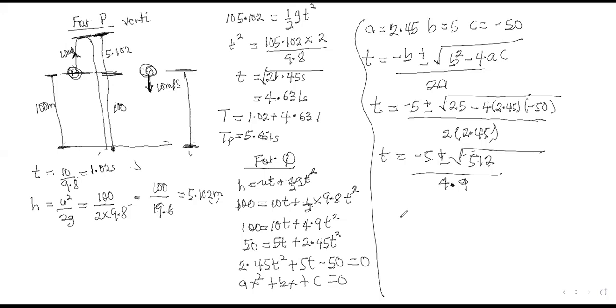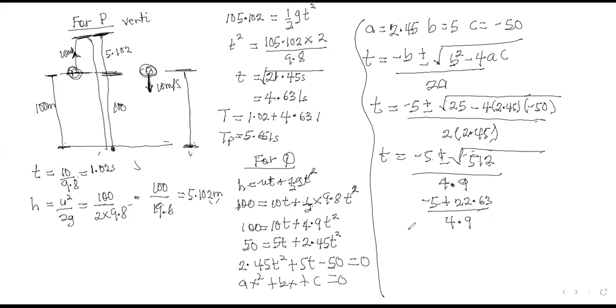So we throw the negative away and deal with the positive. So we take the square root of 515, which is 22.69. So minus 5 plus 22.63, divided by 4.9.